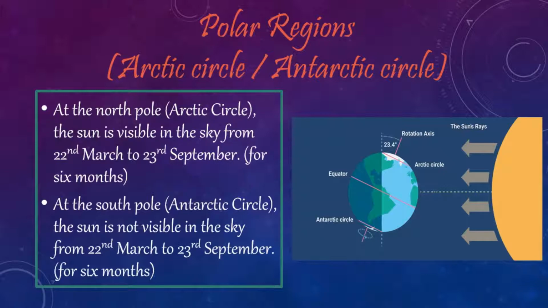So here, from 22nd March to 23rd September, in the Arctic Circle, it will be always daytime, and in the Antarctic Circle, during this period, it will be only night time for 6 months. So during this period, Arctic Circle will only experience daytime and Antarctic Circle will only experience nighttime.